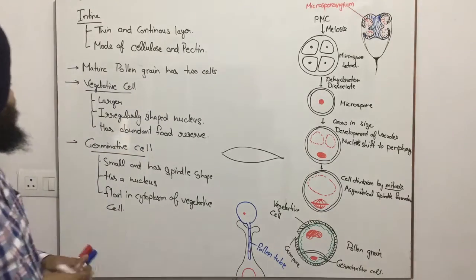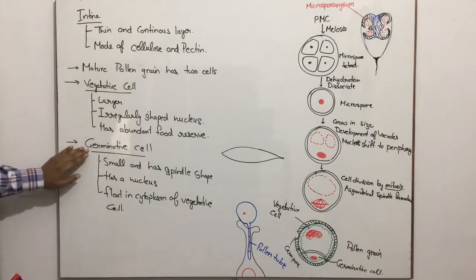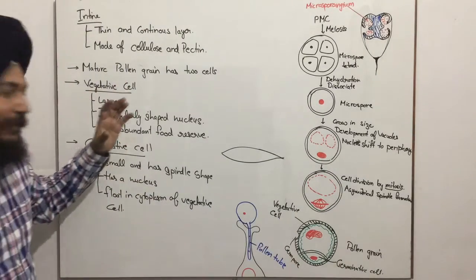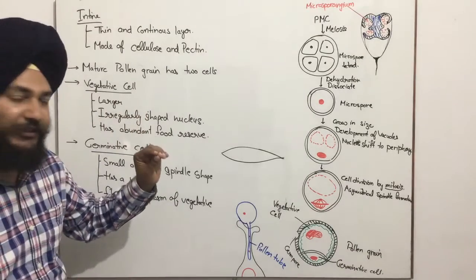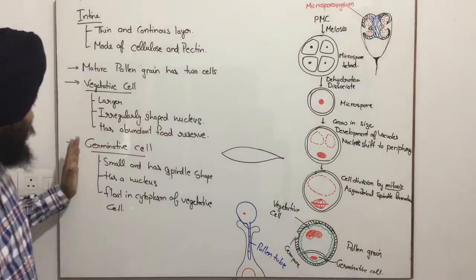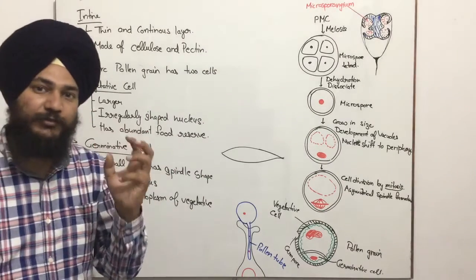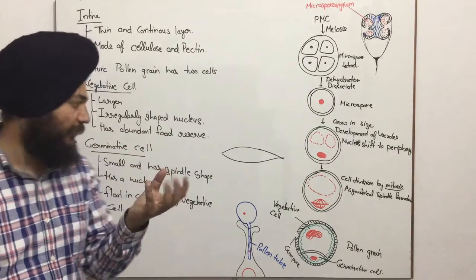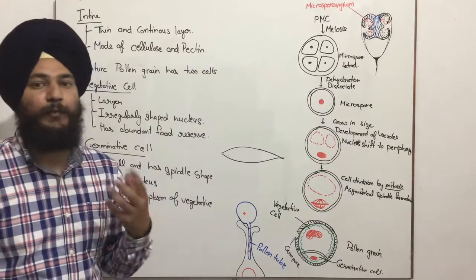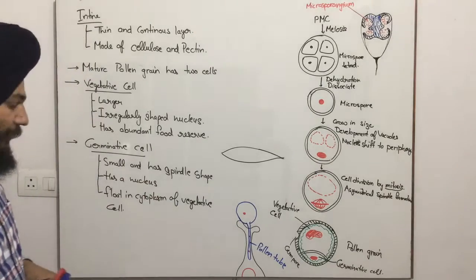Okay, so we have a vegetative cell and the germinative cell in a pollen grain. The vegetative cell is the larger one, has an irregularly shaped nucleus and has abundant food reserve. The germinative cell is small and has a spindle shape. It has a nucleus and it floats in the cytoplasm of the vegetative cell.